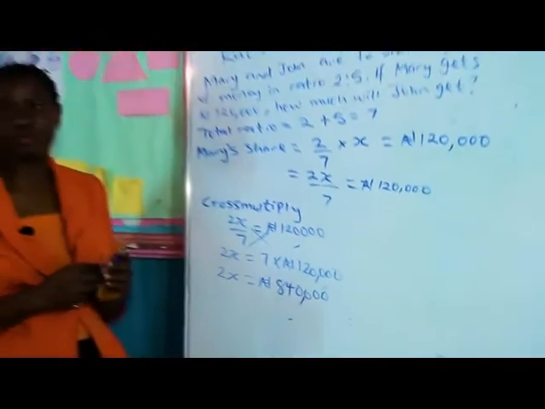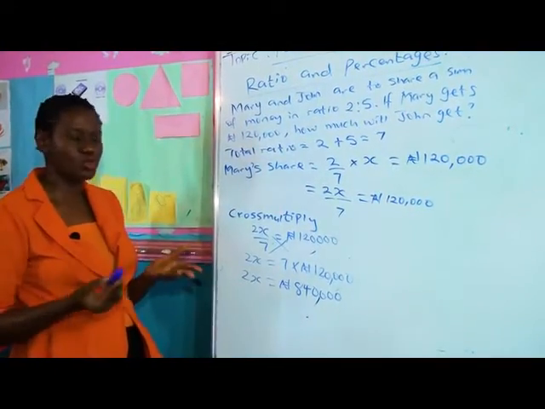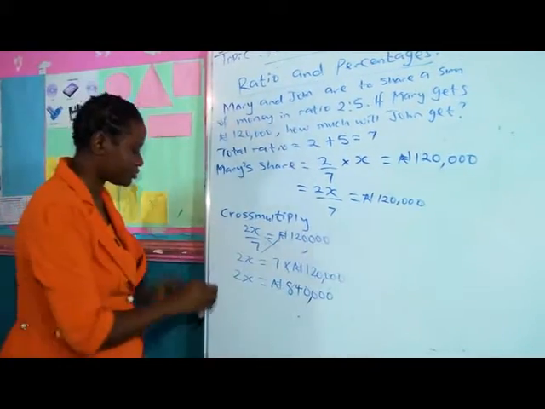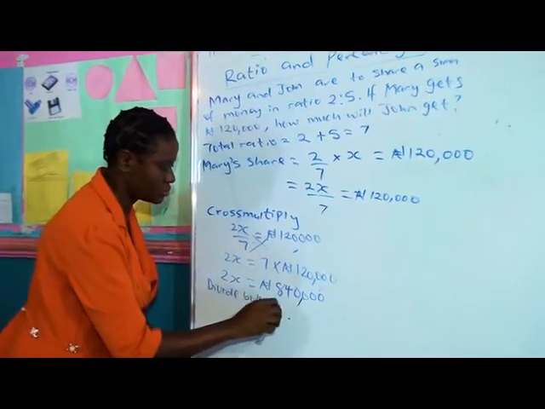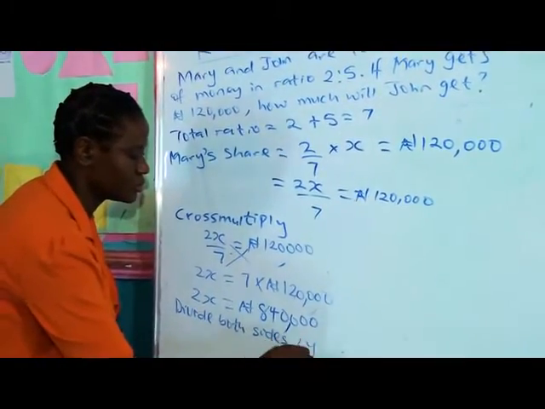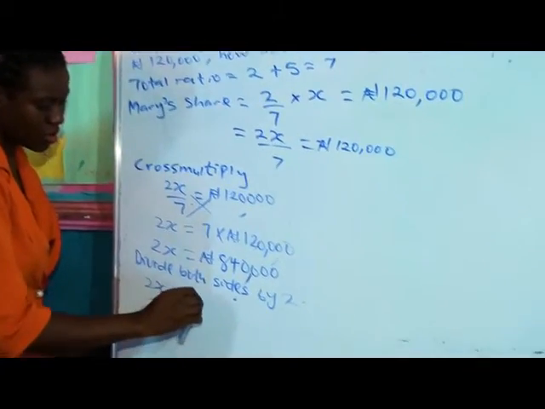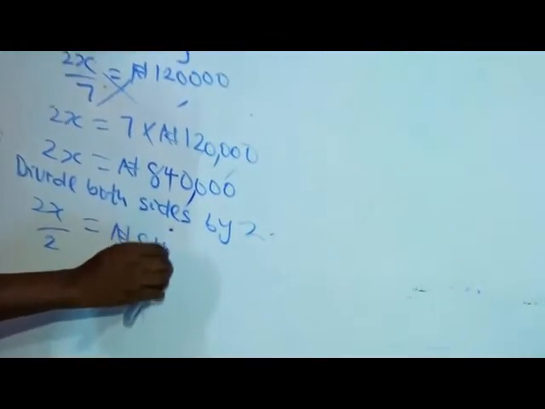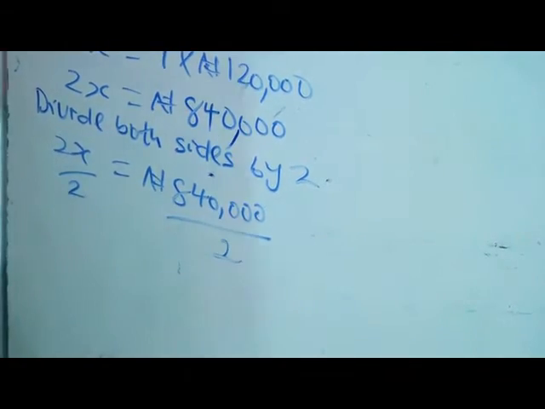But we are not looking for 2x, we are looking for x. So we need to take away this 2 from here. How do we do it? We divide by 2. So we have 2x over 2 equals 840,000 over 2.